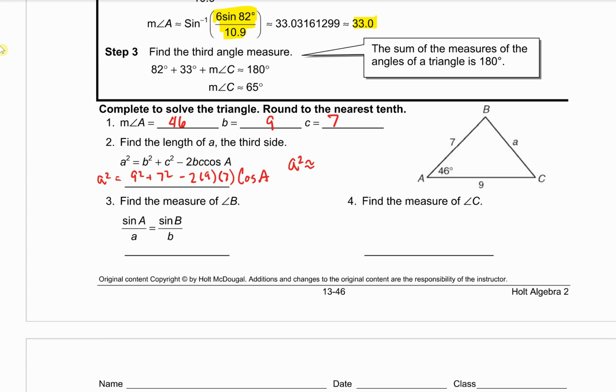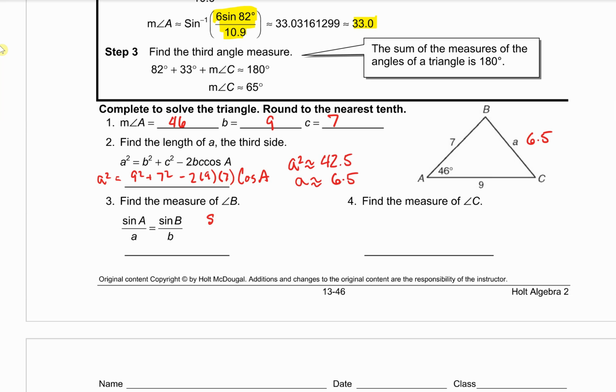So it's really 42.47304, and so on. If I take the square root of my answer, I get that a is about 6.5. So once I know a is about 6.5, then I can go to the law of sines.